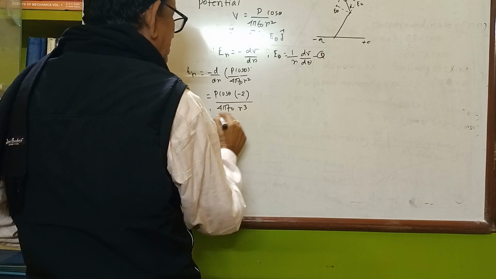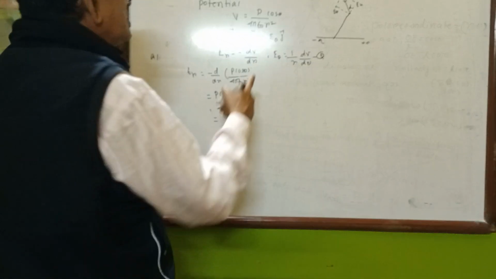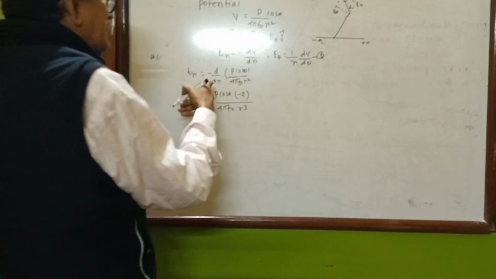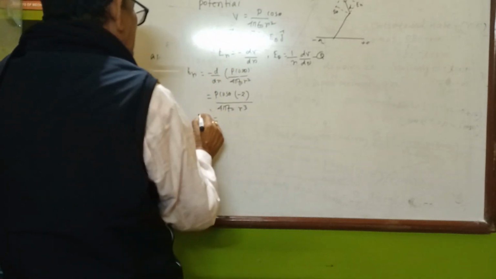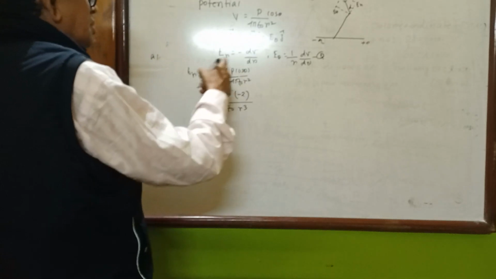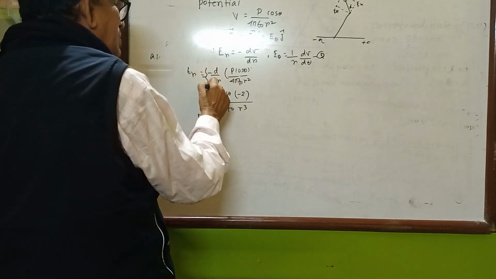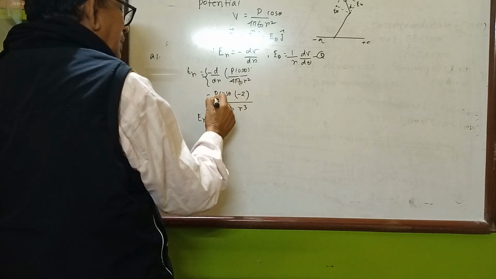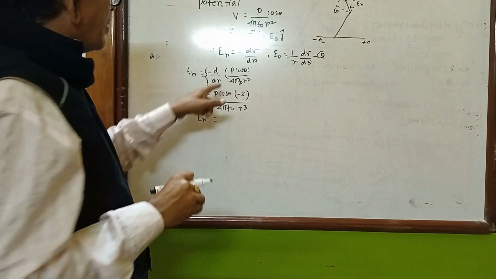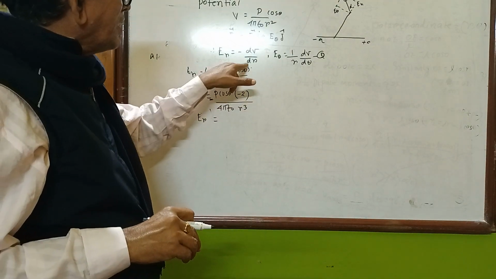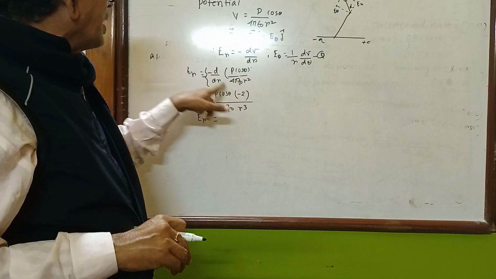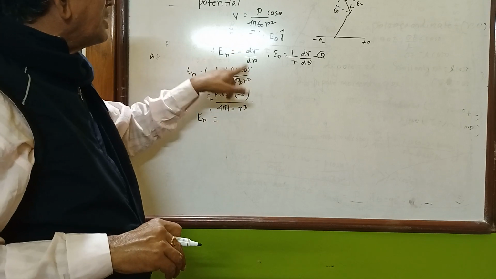Since E_r equals minus dV by dr, after taking the derivative r to the power minus 2 gives a minus, and minus dV by dr gives another minus.